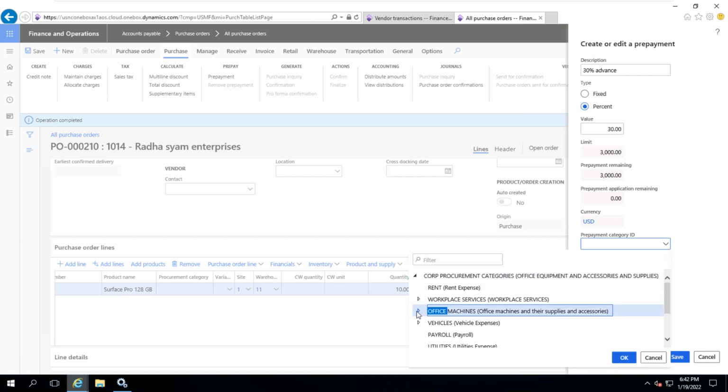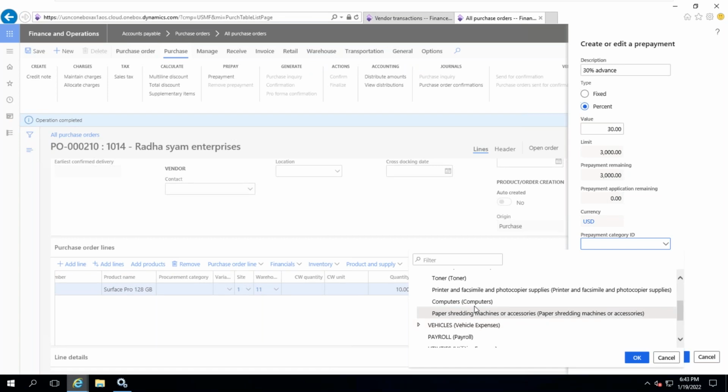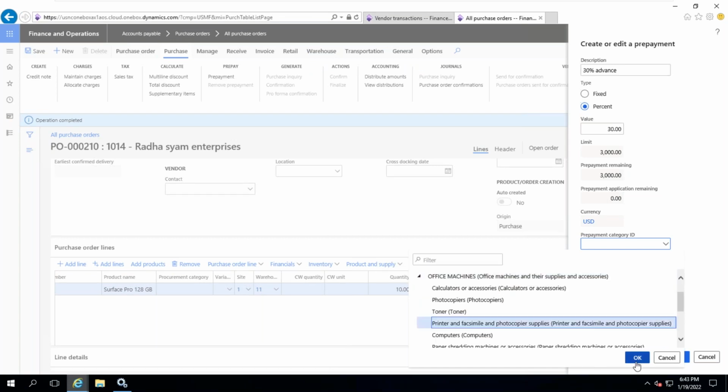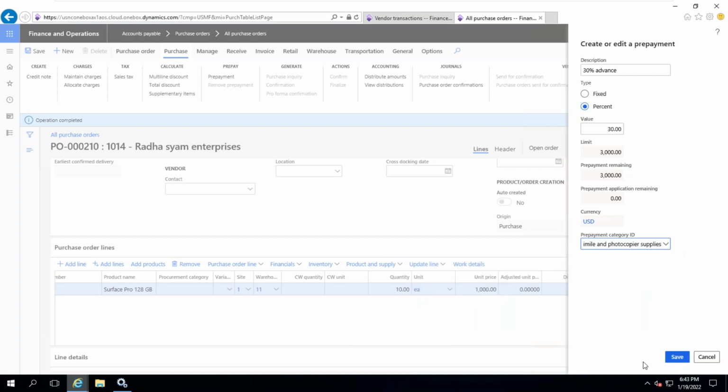Usually you need to map the relevant category, whatever it is, for toners, for printer, something, then click OK and click save.